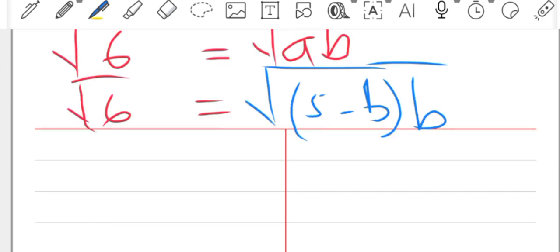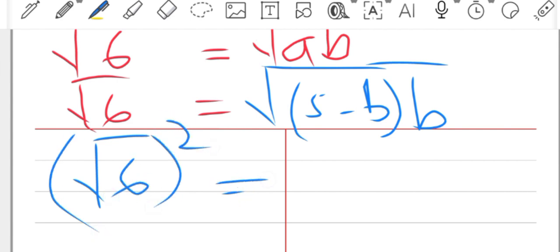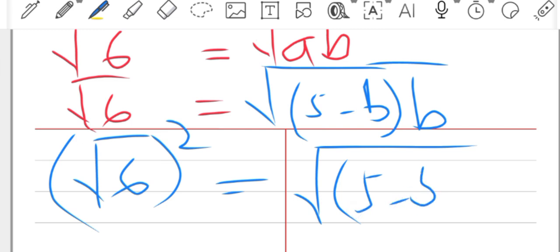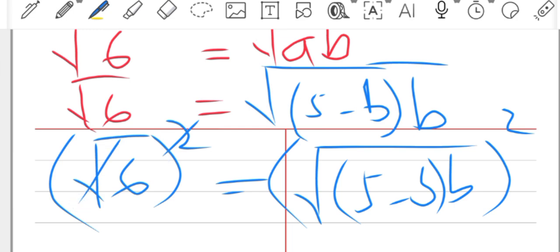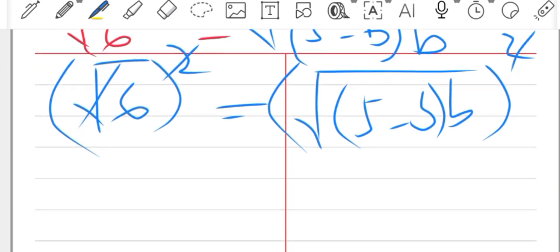As we continue, the only thing we have to do is remove the radical sign again. We do so by squaring both sides. So we have 6 squared being equal to the square of what we have here, 5 minus b times b, all squared. The square takes care of the root on each side.